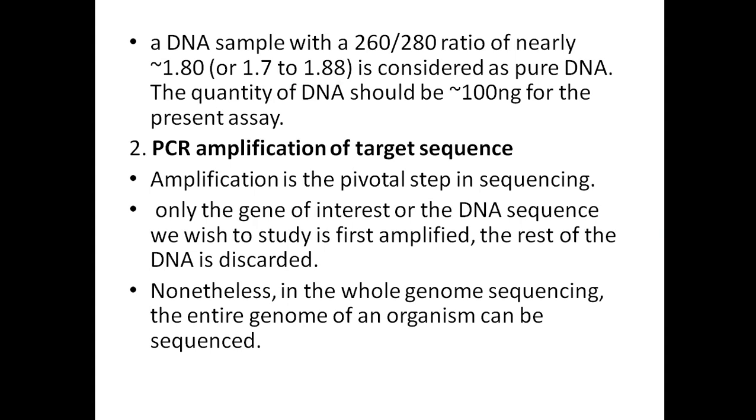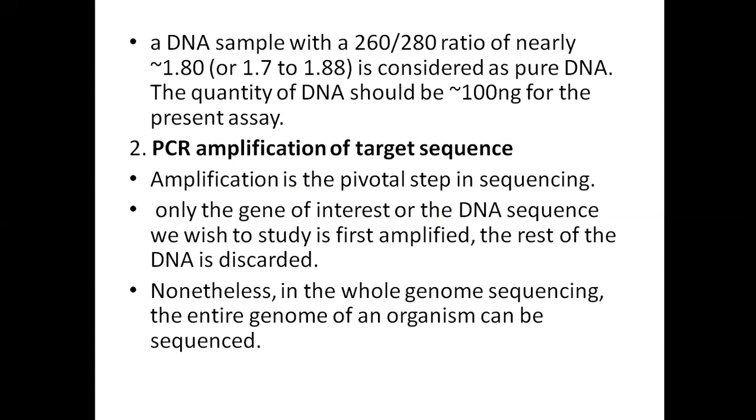For this you have the forward primers and the reverse primers, so we should know a few bases at the starting site and the ending site of the gene of interest in the DNA strand. We make the primers complementary to the base pairs of that particular DNA sequence, and they go and fix there.